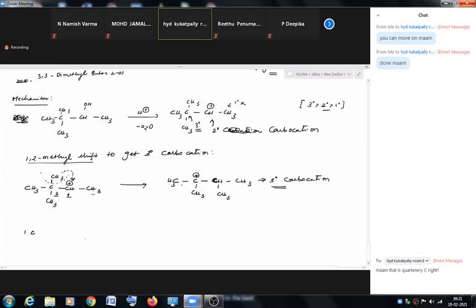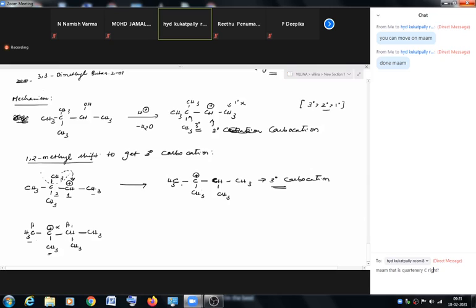So we have CH3 positive charge, CH3, CH, CH3 and CH3, right? So how many beta carbons are there? This is our alpha carbon, this is our beta, this is also our beta, even this is also beta, but these two are equivalent, these and these are equivalent.